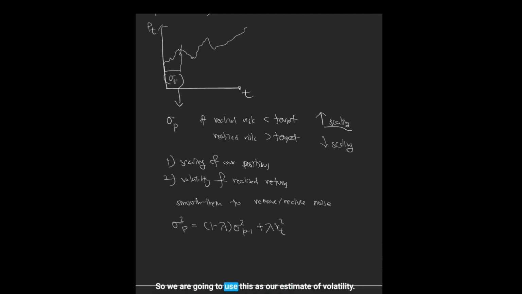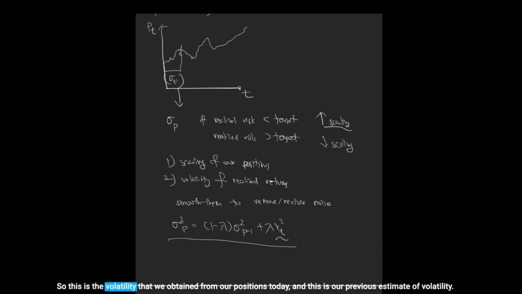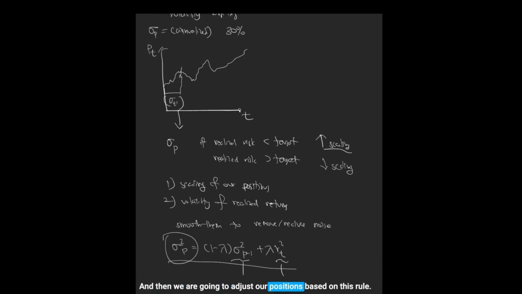So this is the volatility that we obtained from our positions today, and this is our previous estimate of volatility, and then this is our estimate of volatility going forward in time.